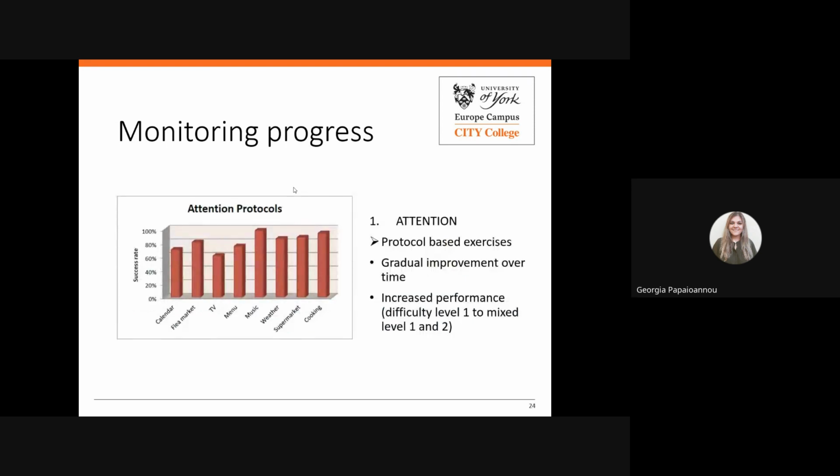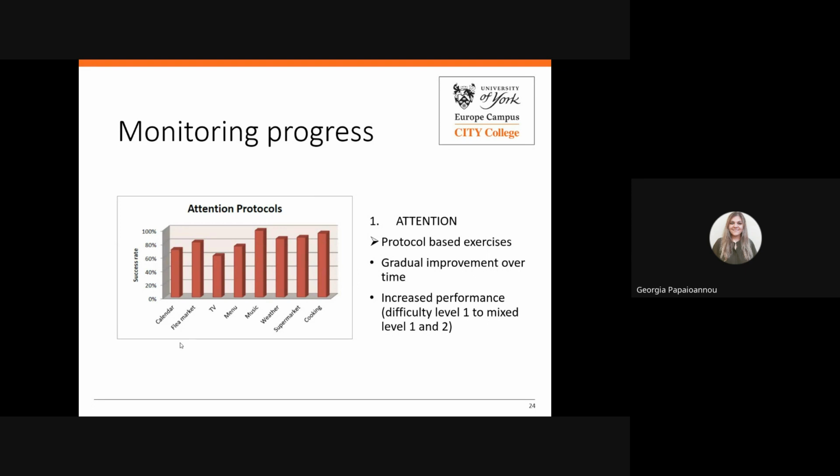So for example, here for attention, regarding the protocol-based exercises, we've seen that there is a gradual improvement over time. We have given the first protocols just to see at which level of difficulty this patient should be located, because the performance increased along with the difficulty.